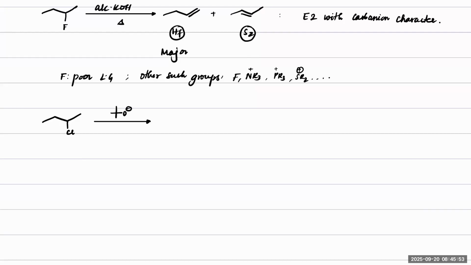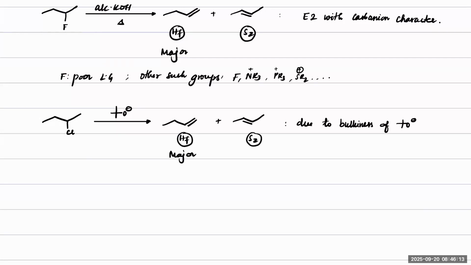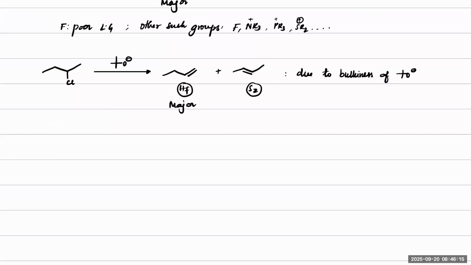In that case also you will get two products. This is Hofmann, this is Saytzeff, while this one is the major product due to the bulkiness of tertiary butoxide. So if you have more bulkiness also, you can get the Hofmann product.